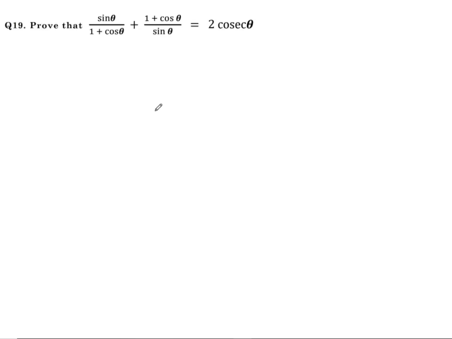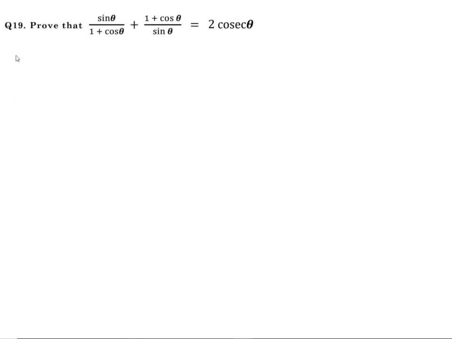To solve trigonometry, your basics should be strong. If you know the basics, it is very easy to solve. Trigonometric ratios are just ratios with names, which are related to the triangle.